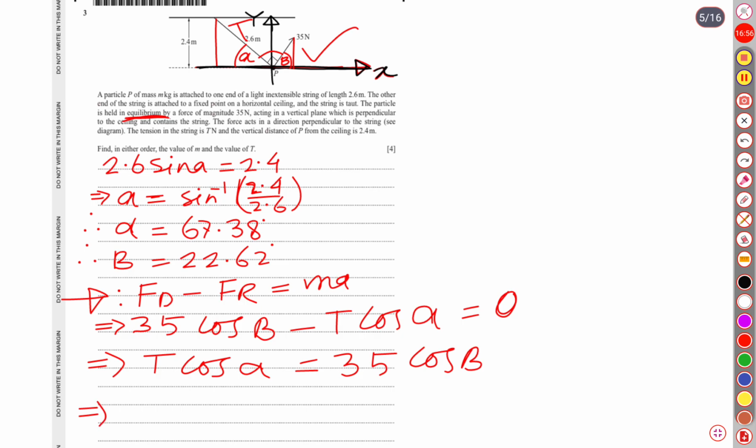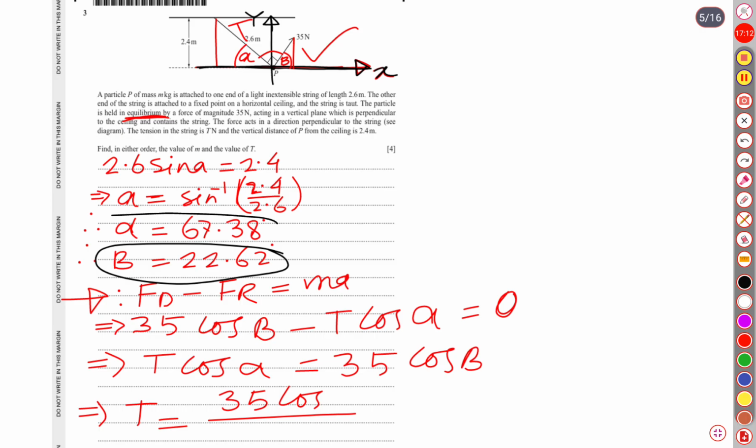Isolating this as subject, T is equal to 35 cos beta divided by cos alpha, where the measurement of beta is 22.62, whereas alpha is 67.38.